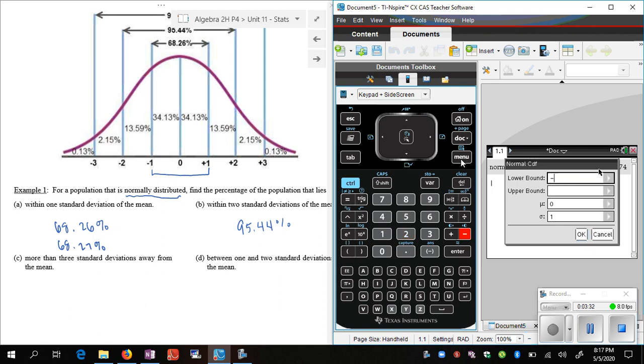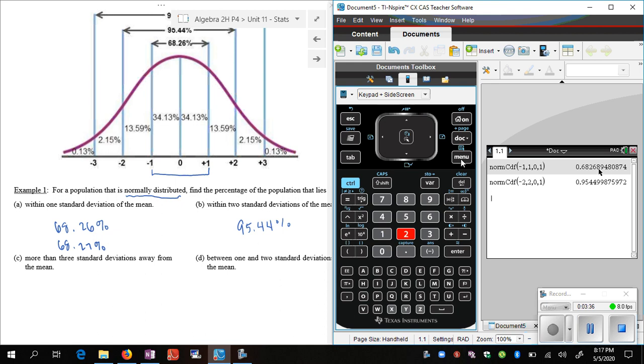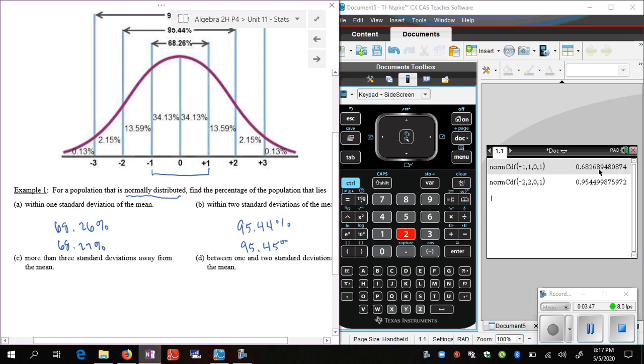And we would go from -2 to +2 on the bell curve. And I hit that. You can see I get 0.95449. So really, according to the calculator, 95.45%. And honestly, I'm going to say that these are the correct answers because everything we're going to be doing is not going to be given a chart. We're going to be doing it based off our calculators.